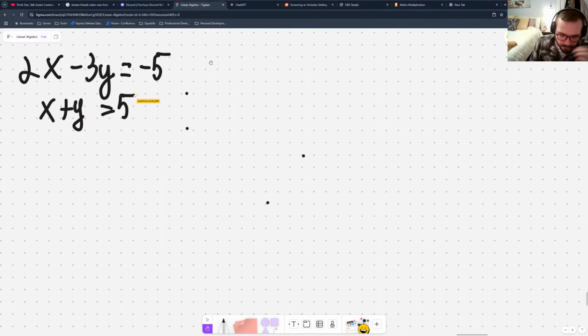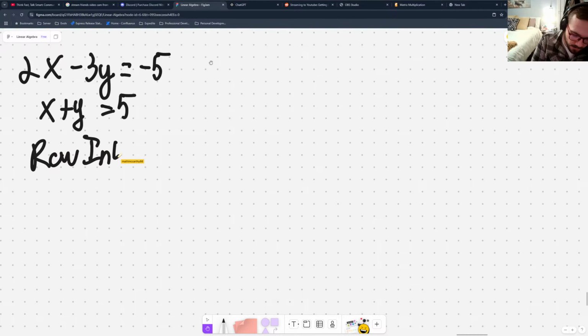All right. So I don't know if we've been over this, but there were kind of two different ways to think about this system in ways that we could graph. I don't remember if we talked about this, so we can go over it either way. The first way of thinking about this is what we'll call the row interpretation.